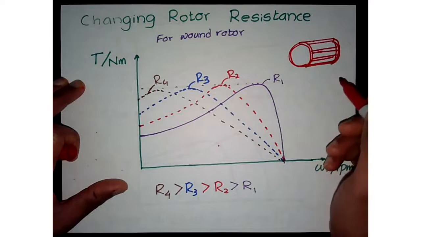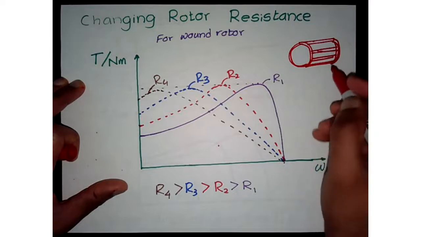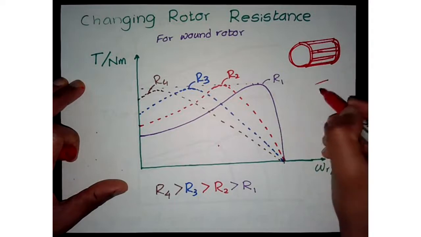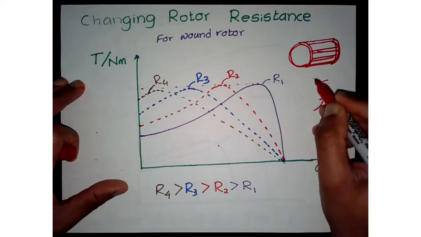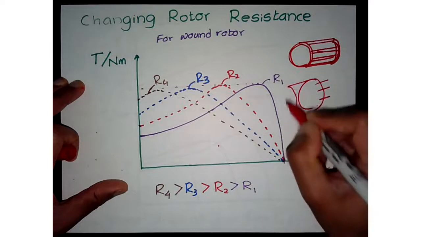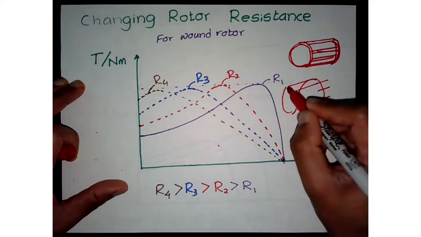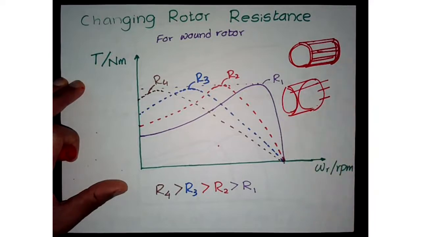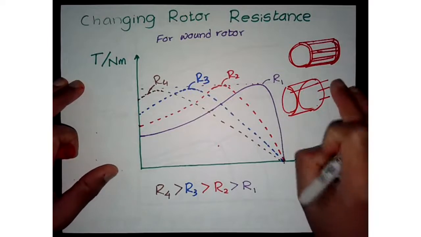But if it's a wound rotor, which means you have a set of windings on the rotor similar to the stator, with the three winding ends extended out, then you have slip rings, because as the rotor rotates, those winding connections have to follow.